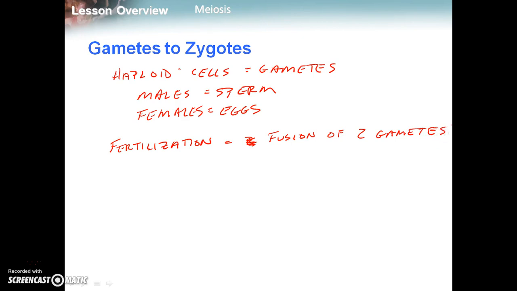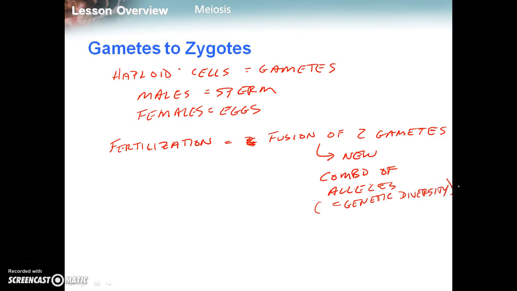And this creates a new combination of alleles, of DNA, of genes, which creates genetic diversity. So we have more genetic diversity, and the zygote is going to undergo now regular cell division by mitosis and eventually form a new organism.